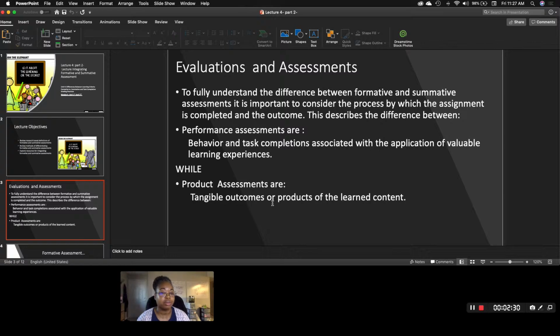So they are completely different, and I'm going to be honest with you and say that upon gathering these resources, I did not know that I had been doing something that research-based would be incorrect in regards to implementing formative assessments.